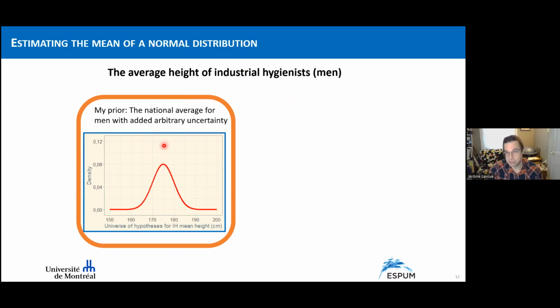So what I did, because I'm not a height specialist, I thought, well, maybe hygienists, we are a special bunch of people, but probably in terms of height, we are not so different from the general population. So I decided that as a starting point, I would use the average height of all male people in Canada.